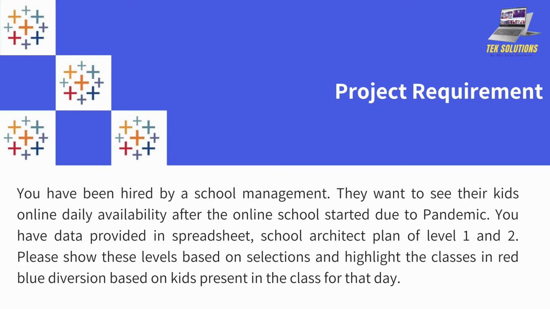You have data provided in a spreadsheet, and the school architect plan of level 1 and level 2. Please show these levels based on the selection and highlight the classes in red and blue division based on the kids present in the class for that day.